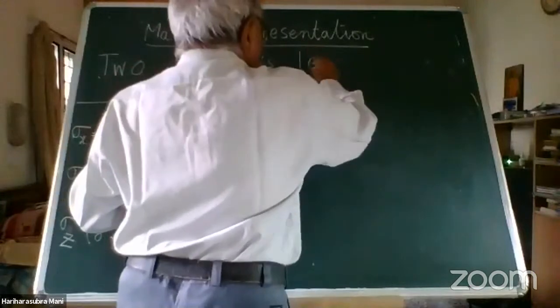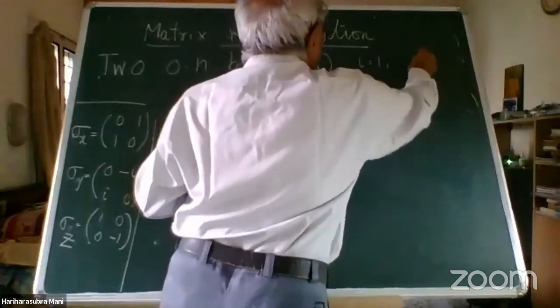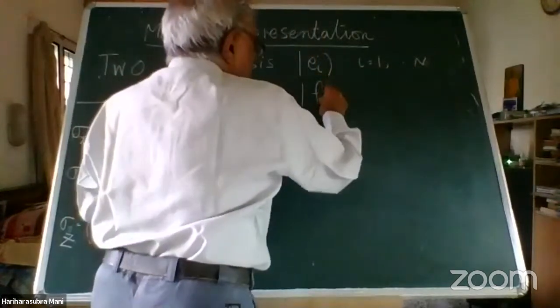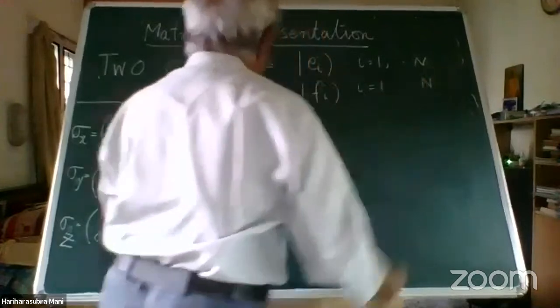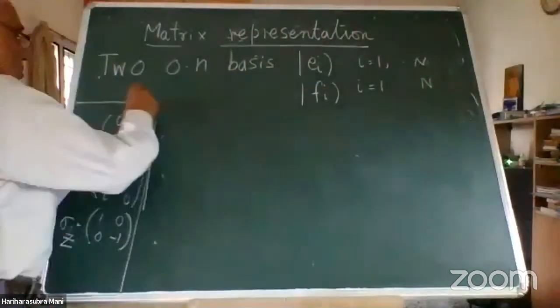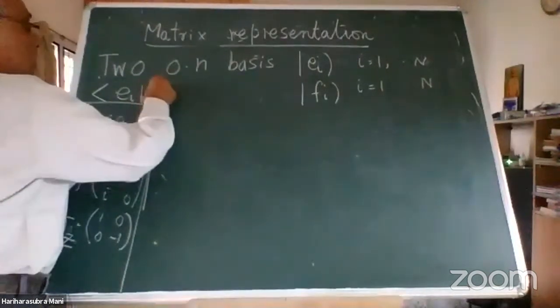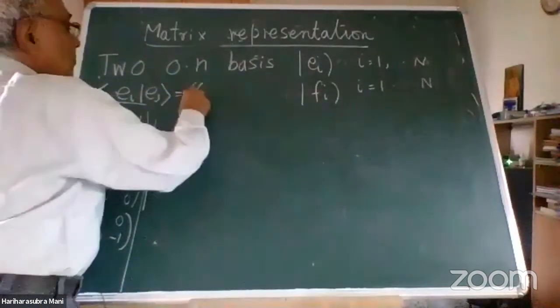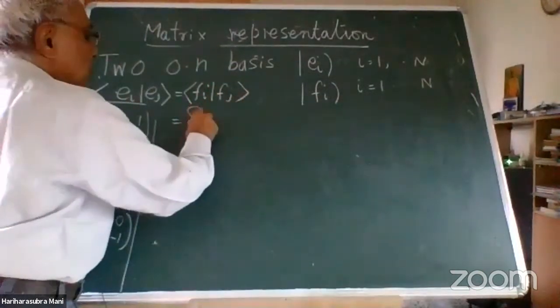E_i, i from 1 to n, F_i, i from 1 to n. Of course, they are orthonormal, so I have the relation E_i E_j is equal to F_i F_j equal to delta_ij.